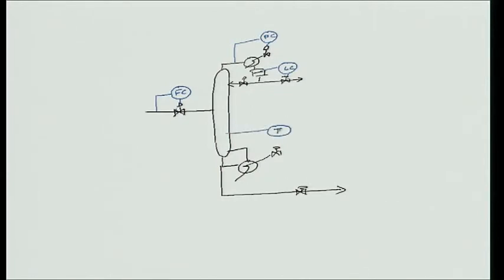Let us just say this level is controlled by adjusting the bottoms, and let us just say the product composition is being controlled by adjusting the reflux. This is the conventional control system on this distillation column.